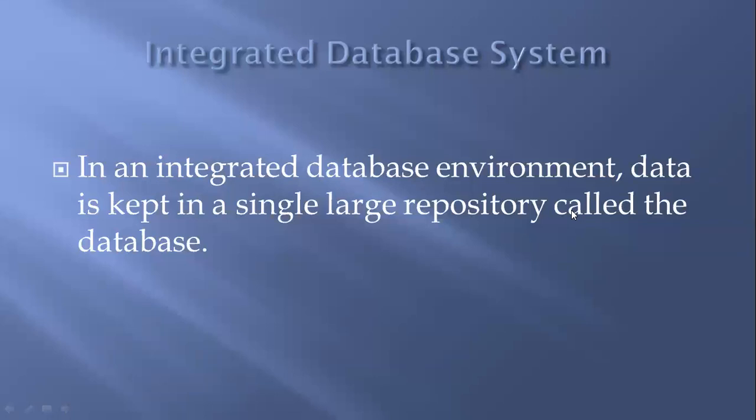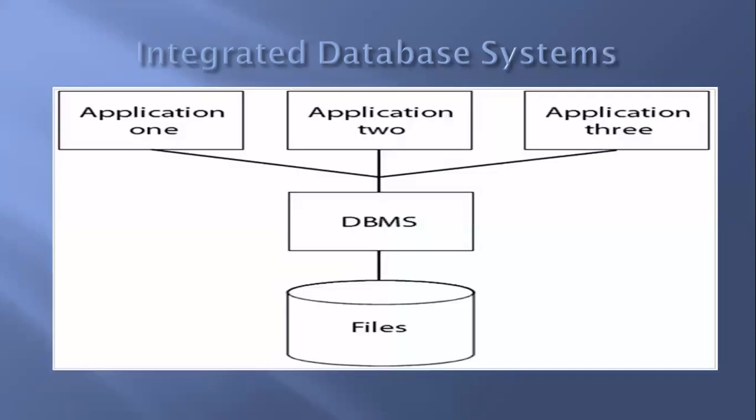Well, let's see what happens in an integrated database environment. An integrated database environment has a single large repository of data, as we can see in the figure, which is called the data repository or database, which is simultaneously used by many different users and departments, and it is accessed or owned by a database administrator.